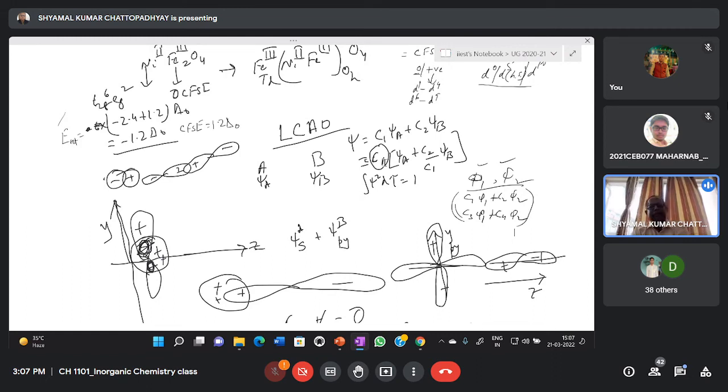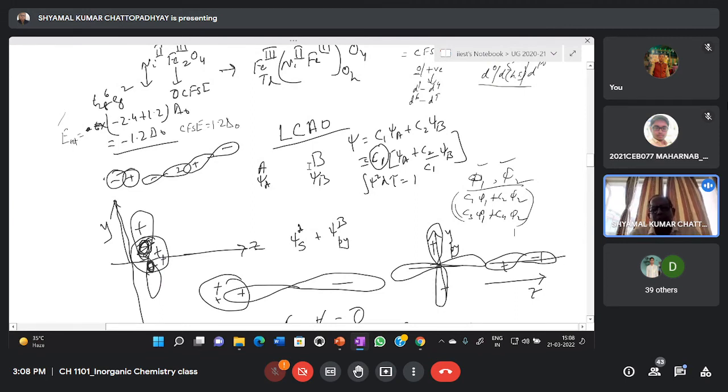But you cannot mix the pz orbital of A with the px or py orbital of B, because z, x and y are in different directions. Their symmetry is defined, so a pz orbital of A cannot be mixed with the py or px orbital of B. So the second condition is that the orbitals being combined must be of proper symmetry. So they must have comparable energy, and they must be of proper symmetry.